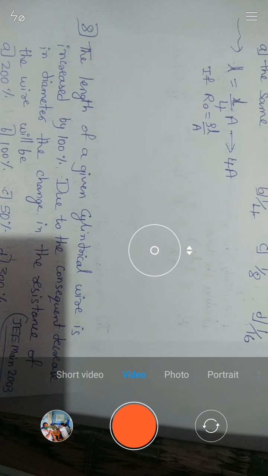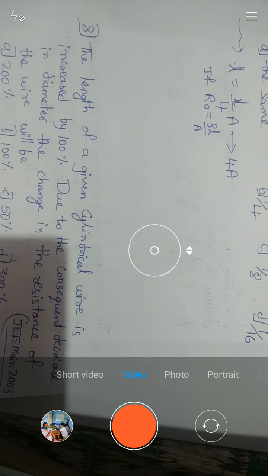Then R naught is equal to rho L by A, the original resistance.